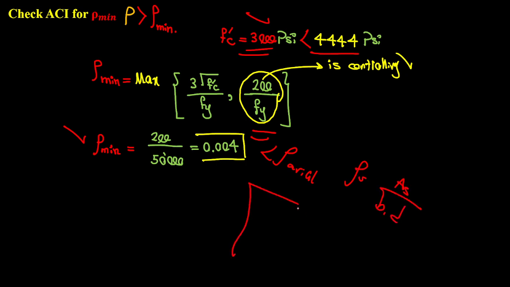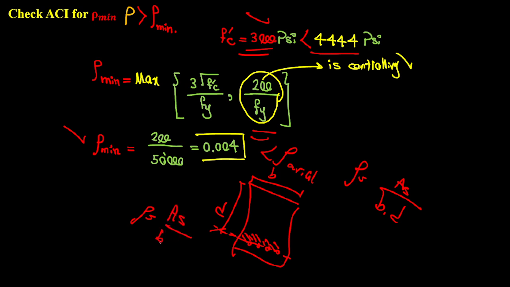which is based on the area of steel. If this is your cross section, with some steel rebars in there, this is your effective depth d, to the center of the tensile rebars. The area of steel over b times d is the density of your steel. This is rho available, and it should be higher than rho minimum.